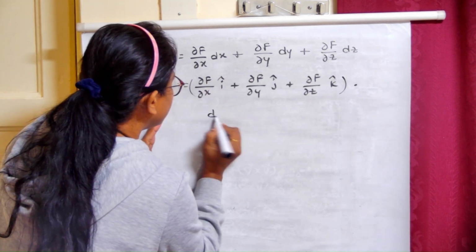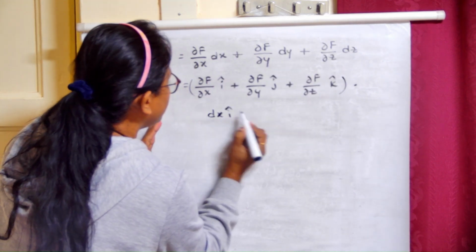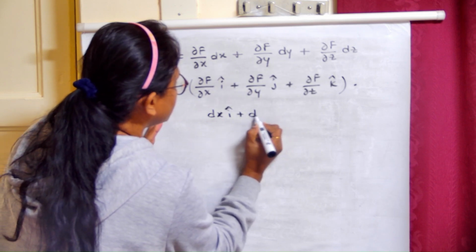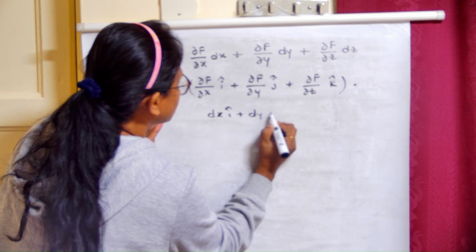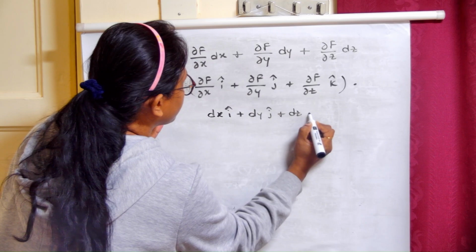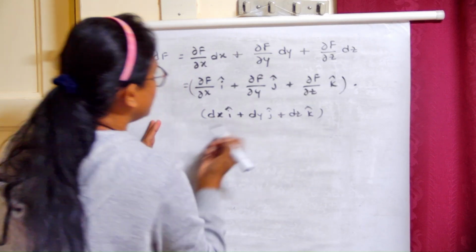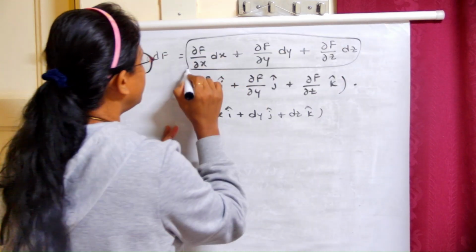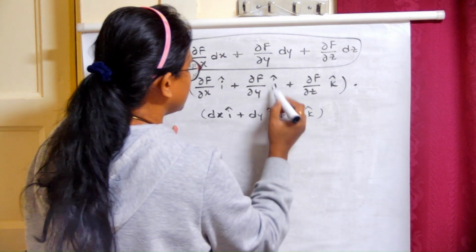And when the displacement happened along x, y, and z directions through infinitesimal elements dx, dy, and dz, this can be resulted out from the dot product between these two vectors.